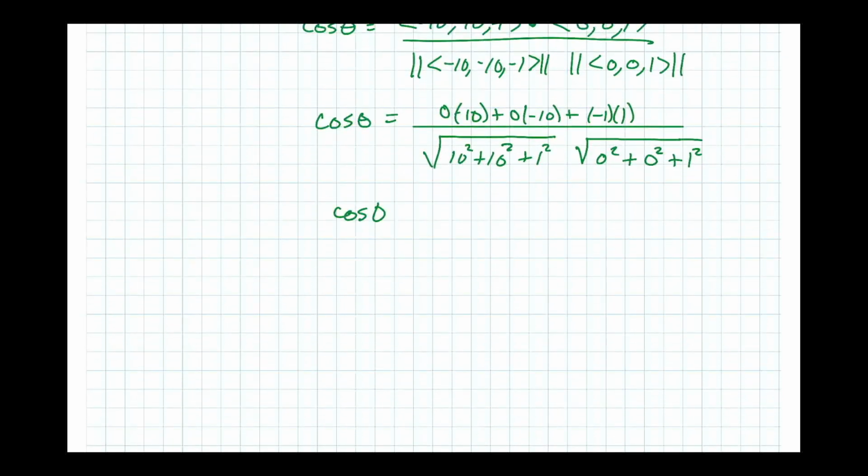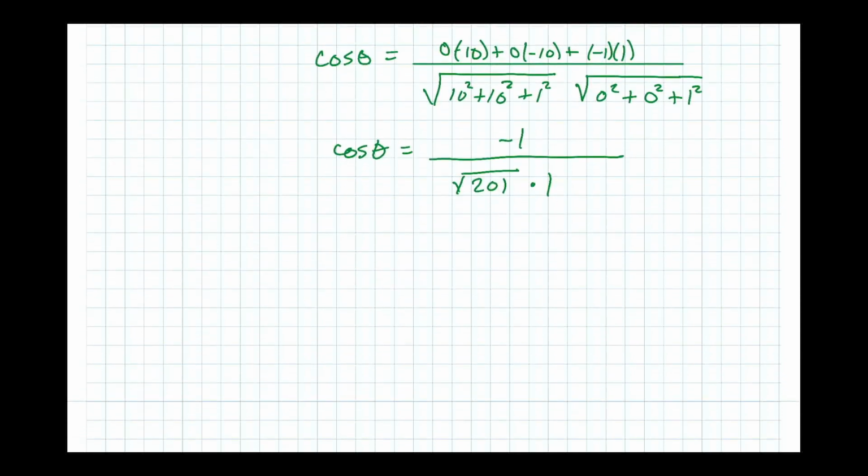But we get this. So we have cosine theta is, in the numerator, we simply have negative 1. In the denominator, we've got square root of, this is going to be 201, right? 201 times 1. So it's just negative 1 over square root 201.